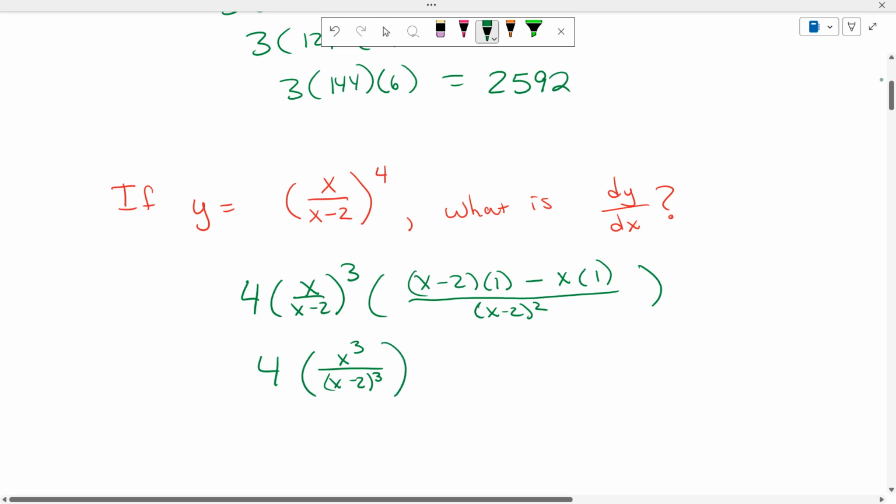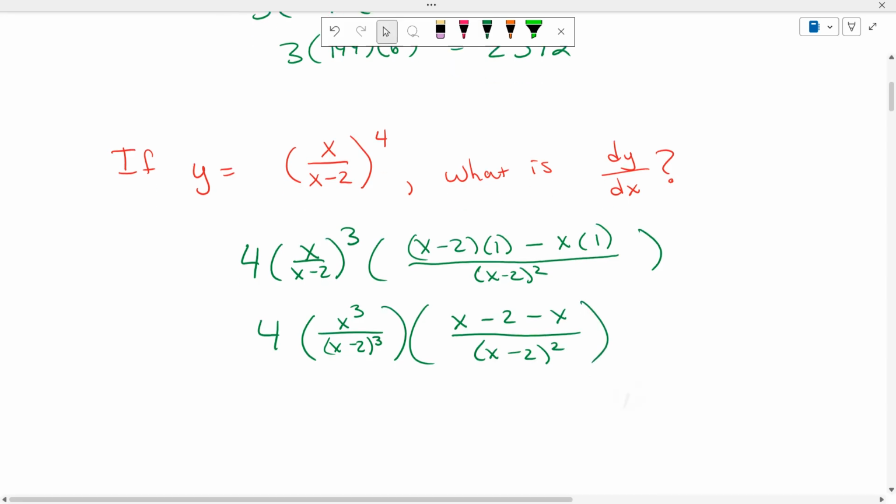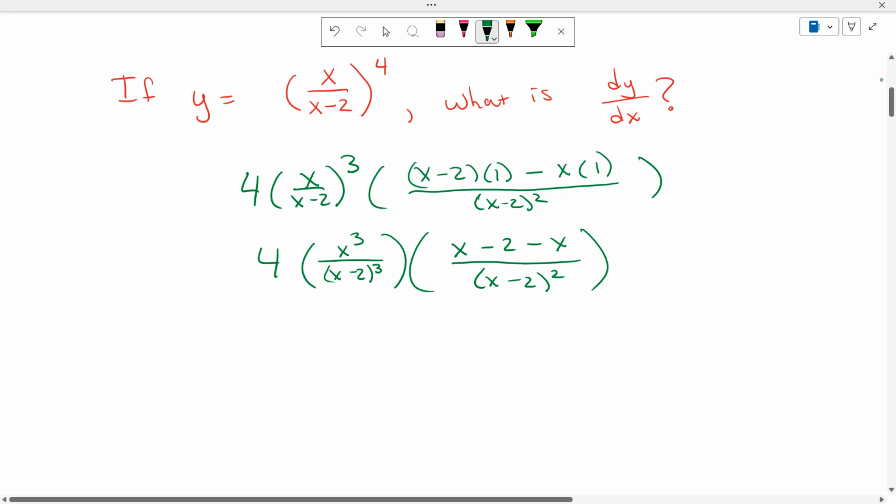Now I distributed my cubed on the outside to each one of these, and you'll see why in a second. What's x minus x? Cancels. And so we have a negative 2 here.